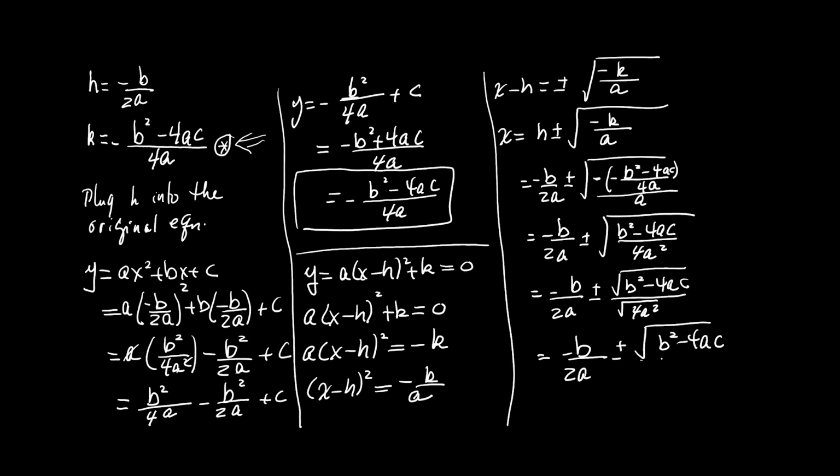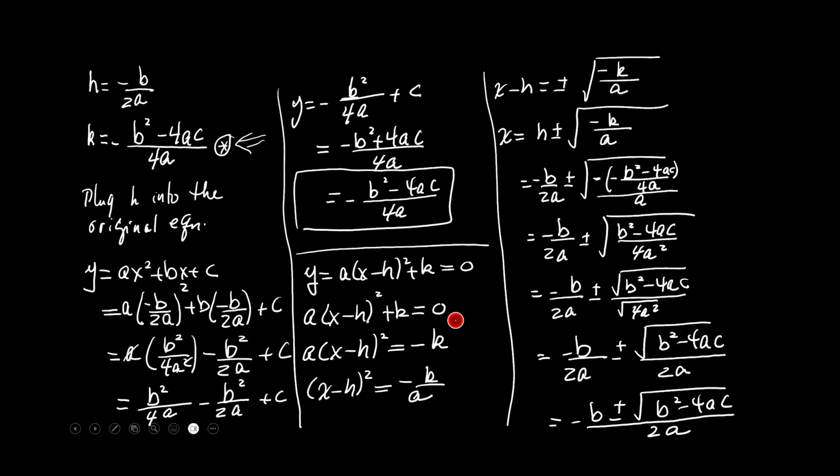We're getting the c over 2a. And now these two have the same common denominator. So this is the quadratic formula. That's how you solve an equation when you set it to 0.